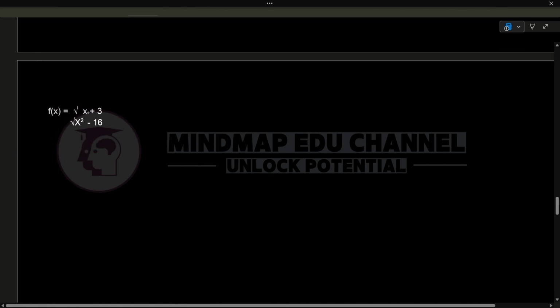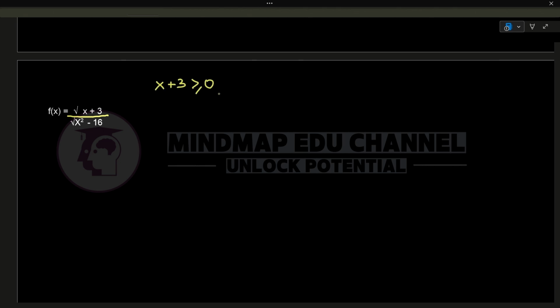Okay, here is a sum where you have the radical function both in the numerator as well as in the denominator. So, let's set x plus 3 greater than or equal to 0 because it is the numerator. In the numerator it can be equal to 0. So, x greater than or equal to minus 3. This is our first result.